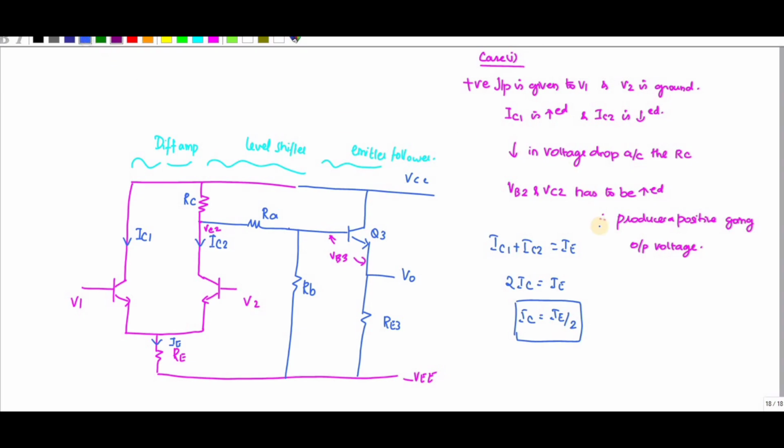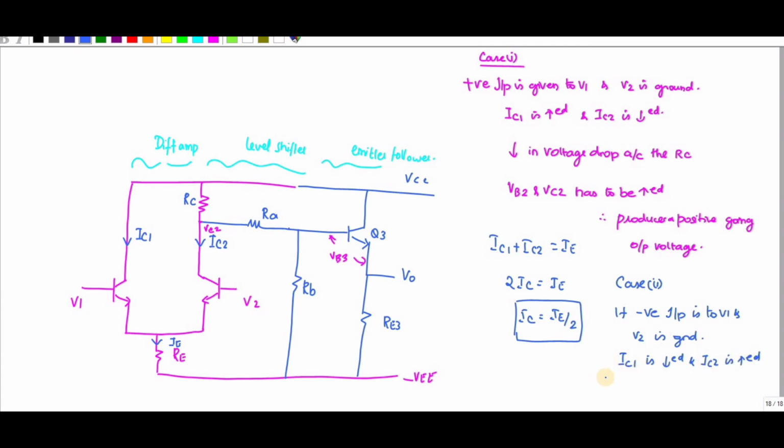Case 2 is, if negative input is given to V1 and V2 is grounded, IC1 is decreased and IC2 is increased.